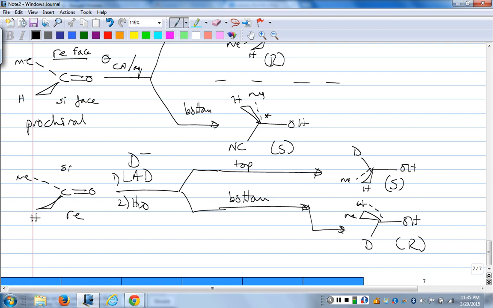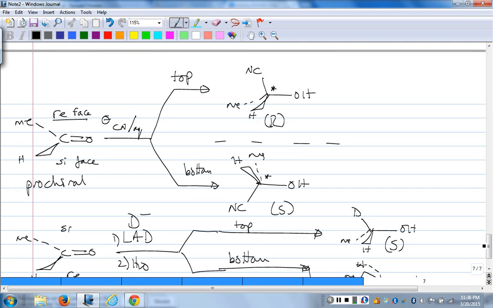So my point is, you can't just say that one face of a carbonyl is Re, because it depends on what the carbon is reacting with, right? So defining the face as Re or Si means looking at both the face of the carbonyl, the nucleophile, and the consequence of the attack. Does it give rise to the R compound or the S compound? Top attack by cyanide on this face gives the R compound.